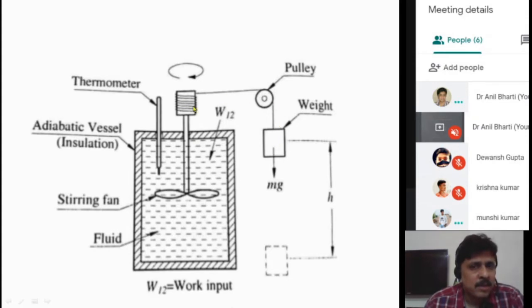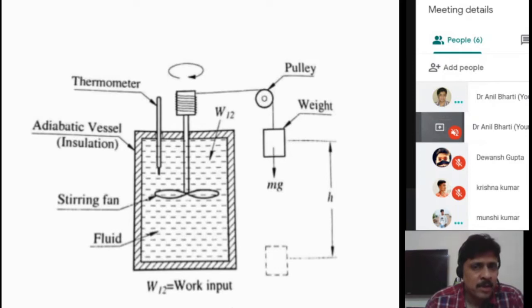This is a pulley, and he wound a few threads on this pulley, and on the other side he suspended some known amount of weight. Now, can you judge what will happen when he lets this weight fall freely from this height?